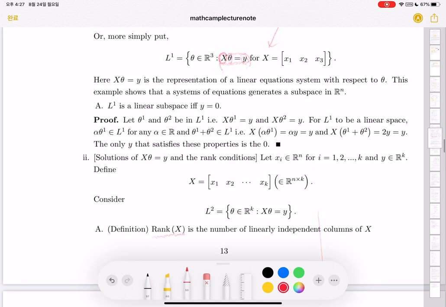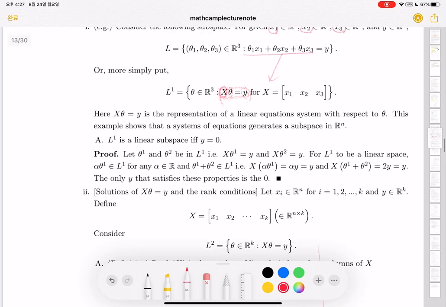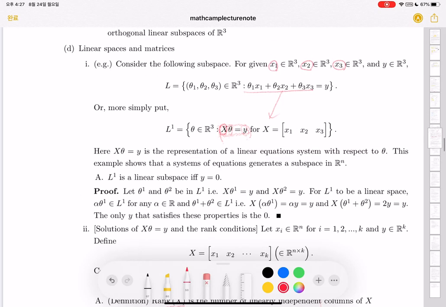And the rank of the coefficient matrix is the number of linearly independent columns in X. Here, if x1, x2, x3 are linearly independent, then the rank of X is in this case 3.